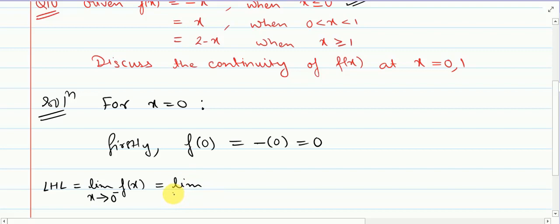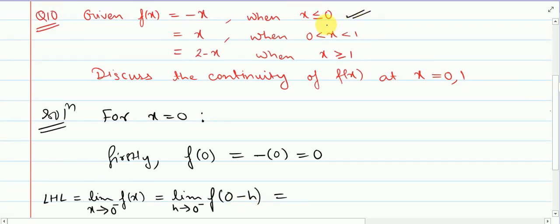Then here you can write h tends to 0 of f of 0 minus h. So here, this whole thing, 0 minus h, will be less than 0.